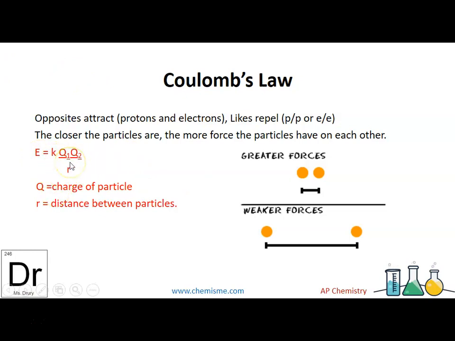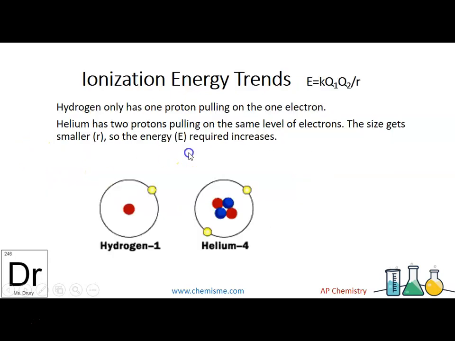Also the R: if those two things are close to each other, maybe inner protons and inner electrons, their force will be greater, because the distance between them will be small. But if they're really far away, like inner protons and valence electrons, they're going to have weaker forces because that distance will be really big, which will make this energy factor very small.